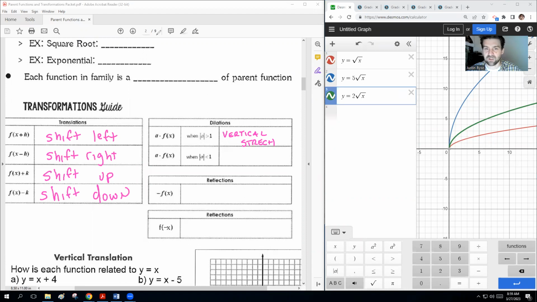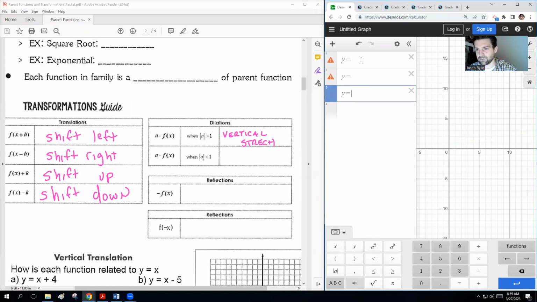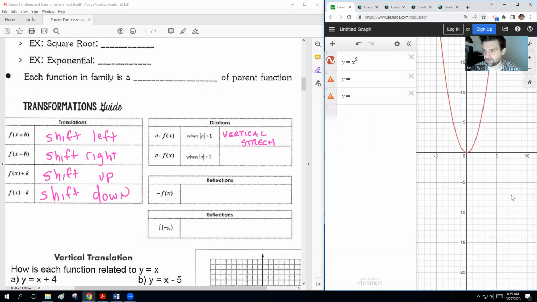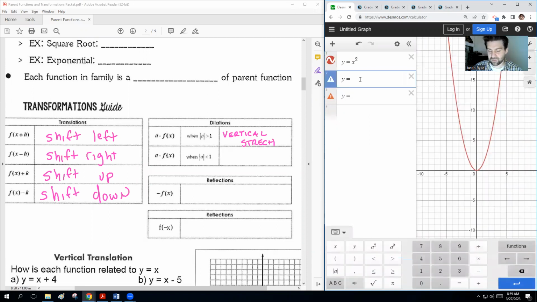I can do a quadratic, so y equals x squared, a regular parabola, right in the middle. Now if I stretch that to 2x squared, it stretches it by 2.